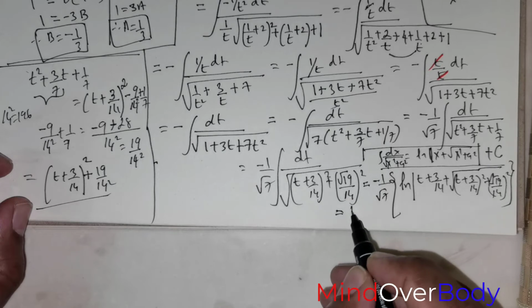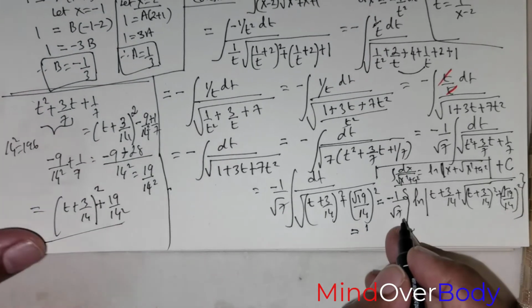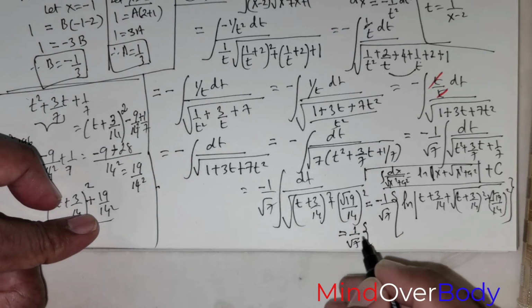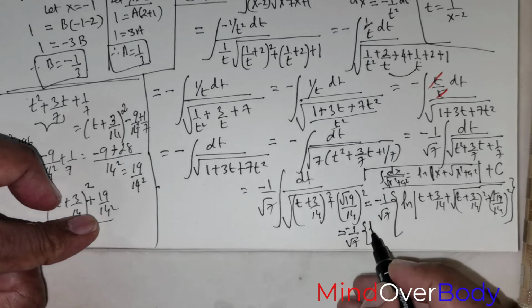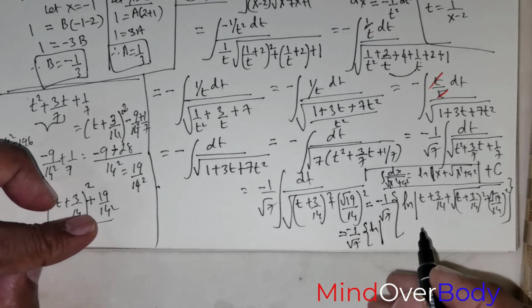So this is equal to negative 1 over root of 7, and ln of modulus of my t, which is 1 over x minus 2.